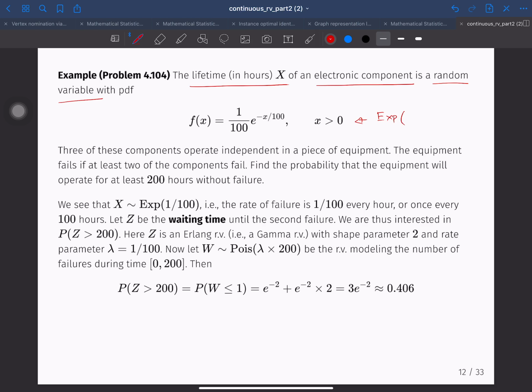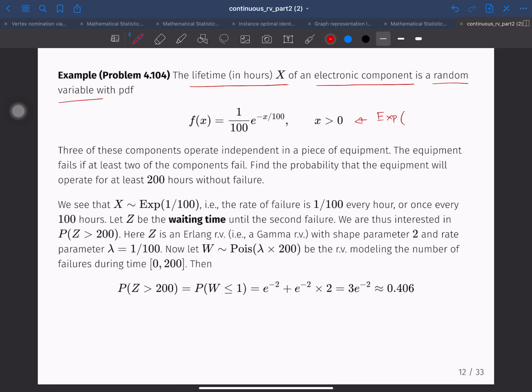So the failure rate is 1/100. How long will it work? What's the probability that it will work for at least 200 hours? Because each component is exponential, and I have 3 components, and I'm interested in the failure of 2, this seems to be modeled as an Erlang with shape parameter 2.